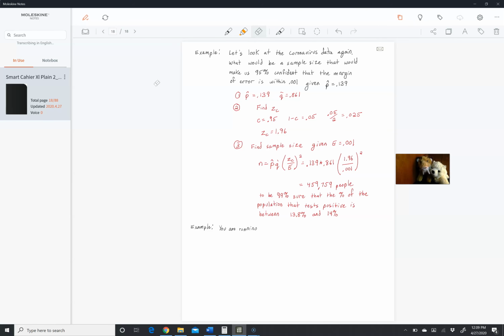So in this one, you're running a campaign and you want to know what percent of voters will vote for your candidate.